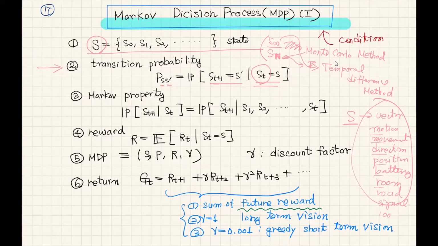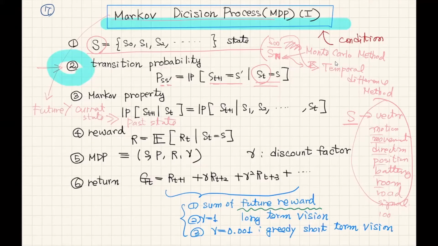So in that regard, the Markov decision process gives importance to the future and current state, and neglects the past state. This is the most important condition to apply reinforcement learning. That condition is called the Markov decision process.